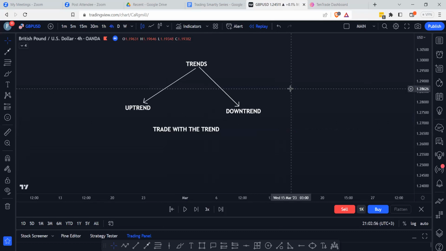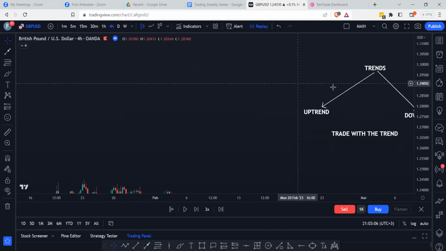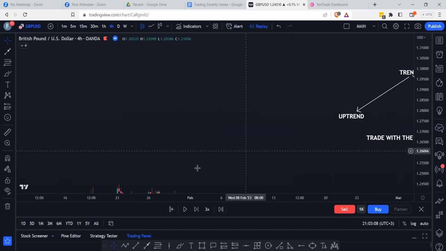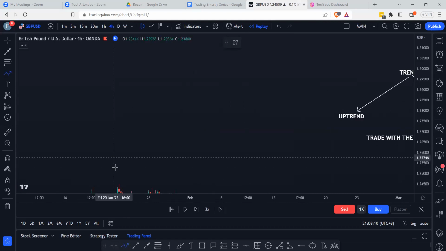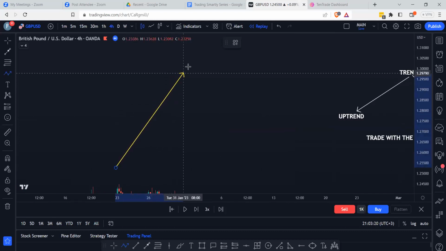All right, so let's talk about how we identify uptrend and downtrend. What do they look like? So let's talk about uptrend real quick. An uptrend looks like this. If price is gaining value, if we're in a bullish market, price is not going to be going up in a straight line like this.